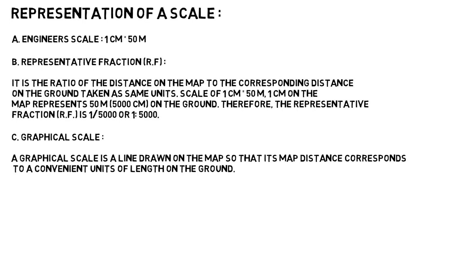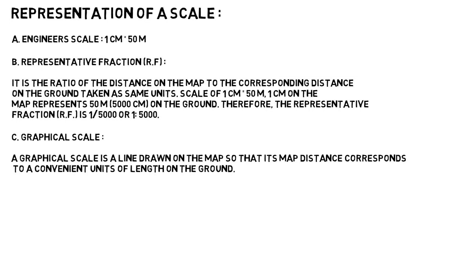Whereas in representative fraction, in short RF, it is the ratio of the distance on the map to the corresponding distance on the ground taken in the same units. For example, scale of 1 centimeter equal to 50 meter. All the units we are going to represent in the same units.